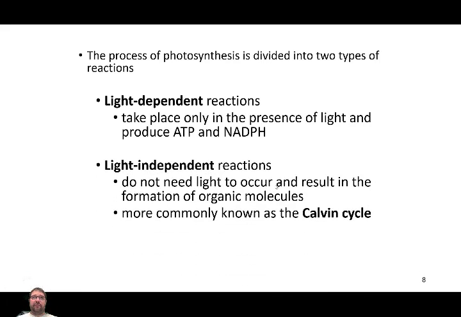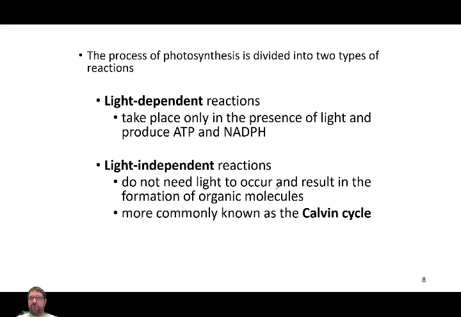The second type is light independent, sometimes called the dark cycle, sometimes called the Calvin cycle. There's lots and lots of names for this cycle, but at any rate, this cycle occurs or can occur without the presence of photons.